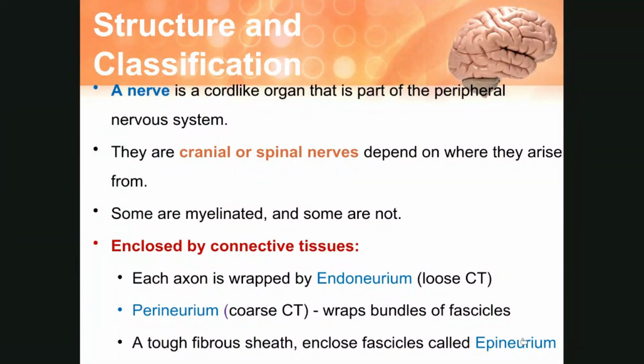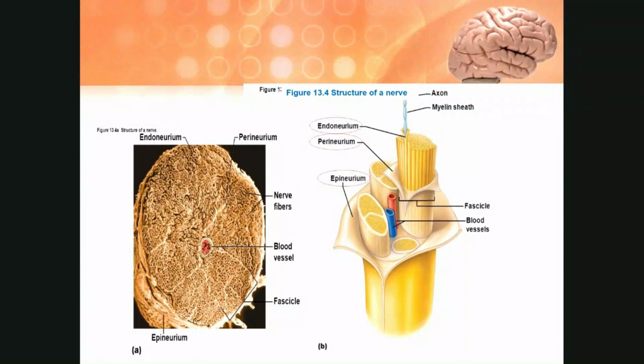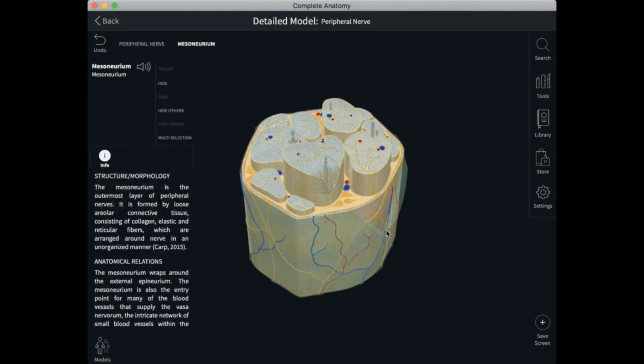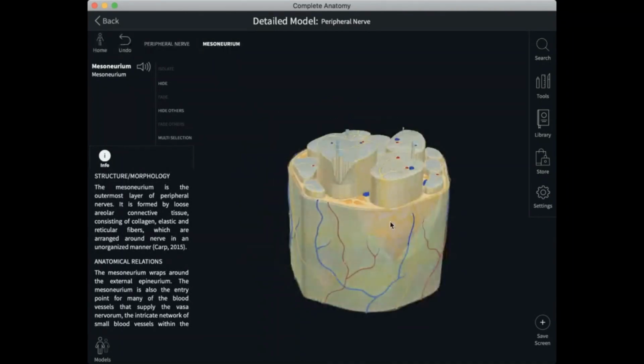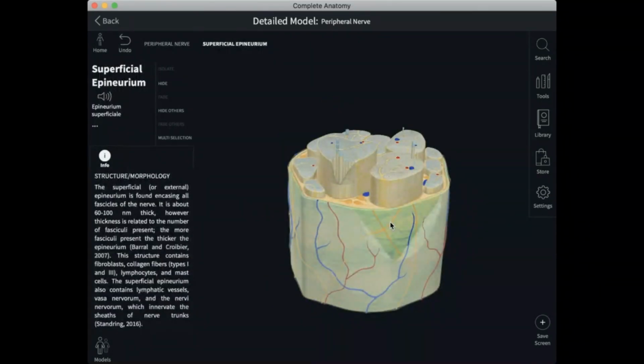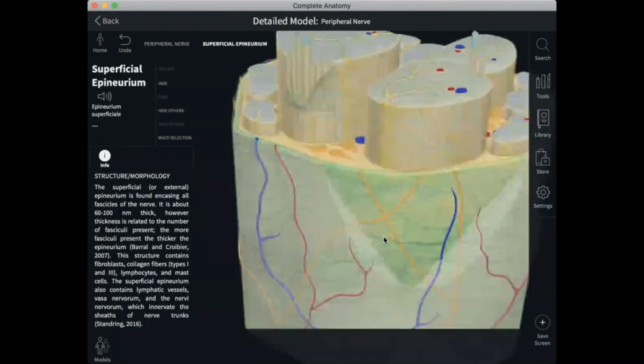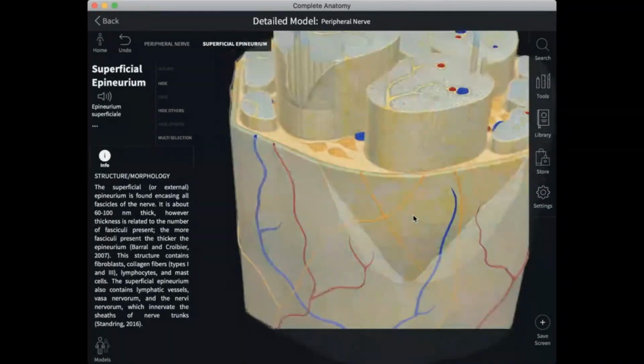Coming to the microscopic structure of the nerve, I would like to show you a small diagram. What you see here is a cut section of the nerve. When you look closely, the outermost layer is a connective tissue sheath, which we call the epineurium.